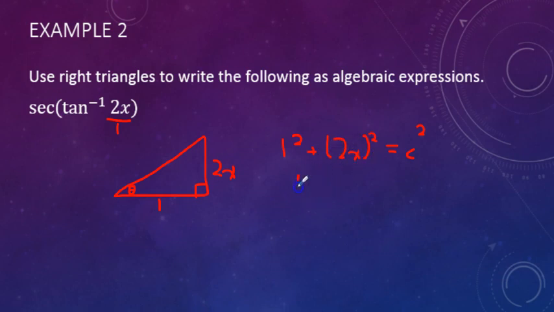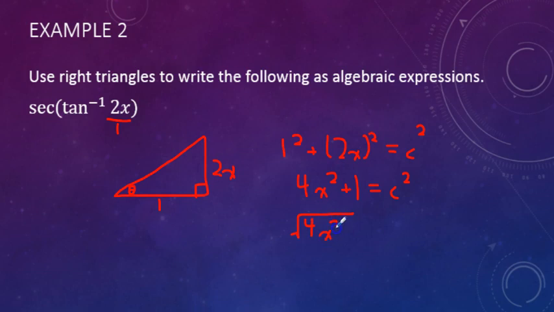So 2x times 2x is 4x squared plus 1. And then since this isn't just c, it's actually c squared, I'm going to take the square root of both sides. And again, in this case, I'm able to ignore the negative answer and just write that this is the square root of 4x squared plus 1.